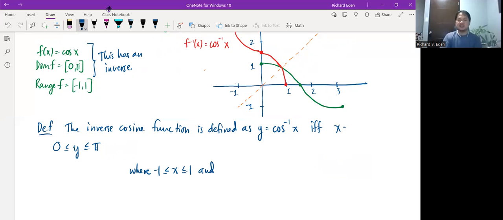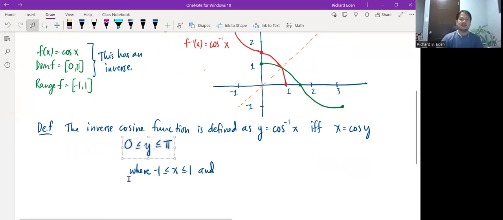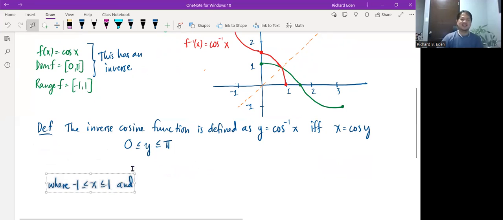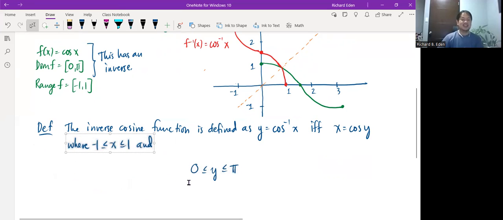That means x is cosine of y, and then x has to be in the right interval. I need to move this a little bit further, like a jigsaw puzzle.